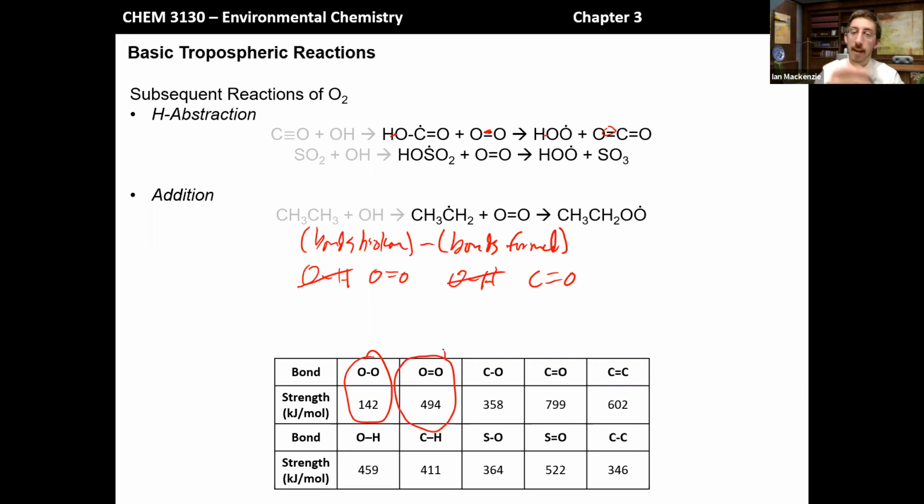And that'll give me an estimate for the strength of that second bond in the double bond. So that bond here should just be whatever 494 minus 142 is, and that comes out to be about 352 kilojoules per mole. So I can write that here, 352 kilojoules per mole.